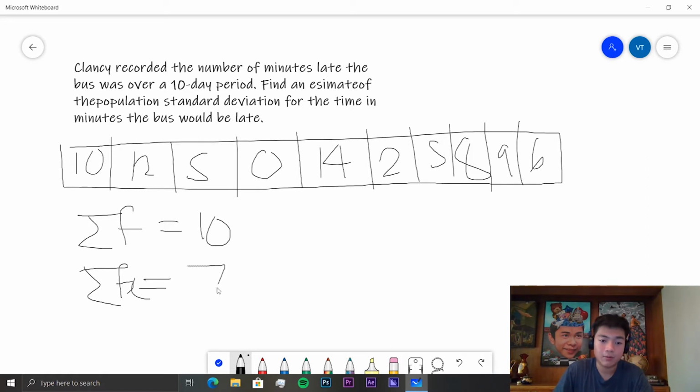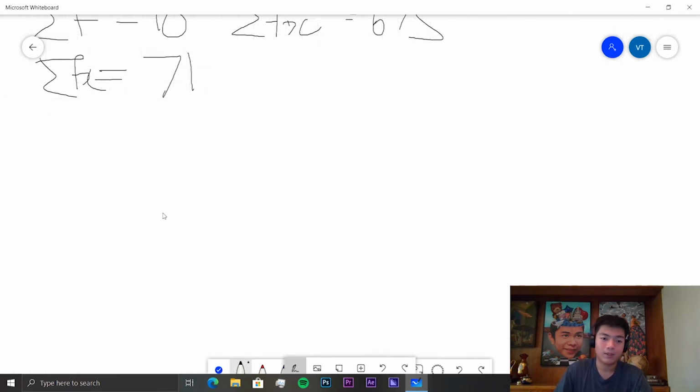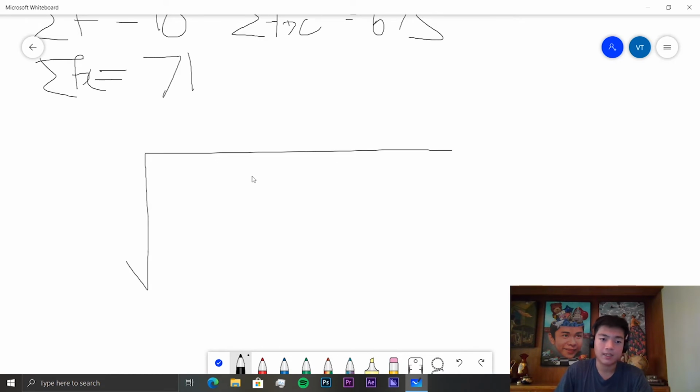It's equal to 71. And the sum of the squares of the terms is 100 plus 144 plus 25 plus 196 plus 4 plus 25 plus 64 plus 81 plus 36, which should be equal to 675. Now we need to edit the formula a bit to get the standard deviation.